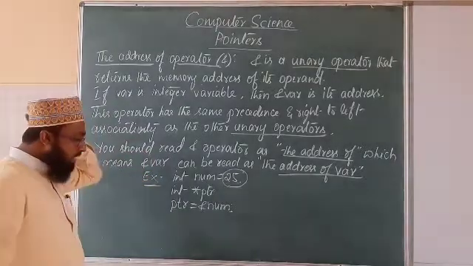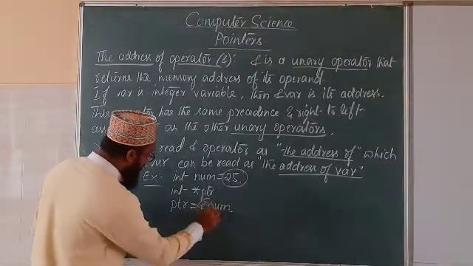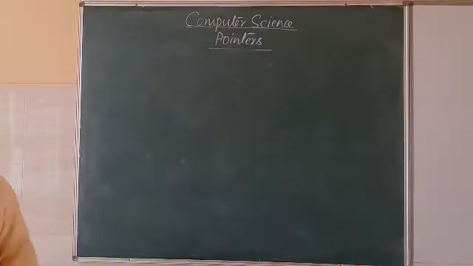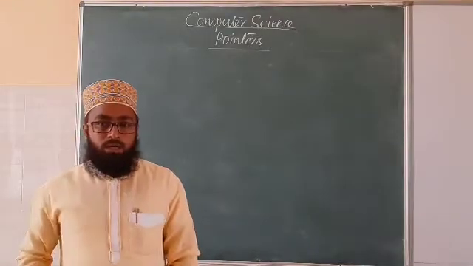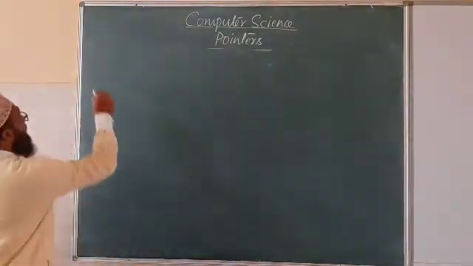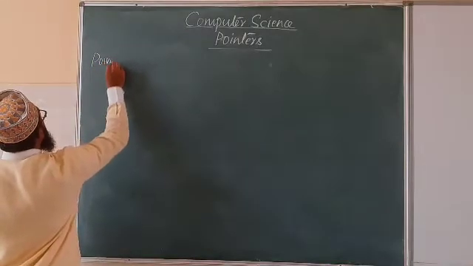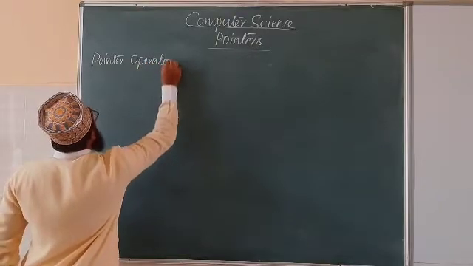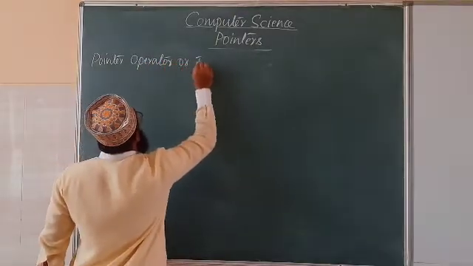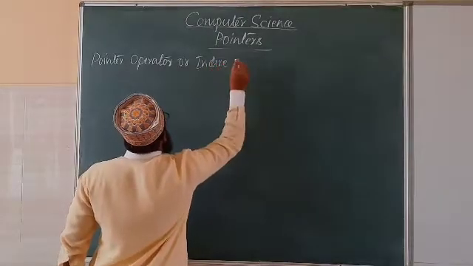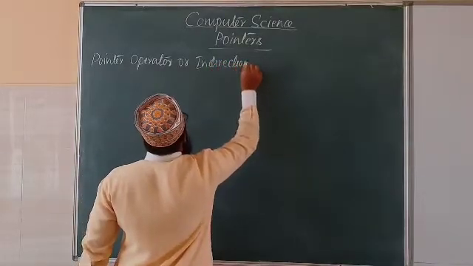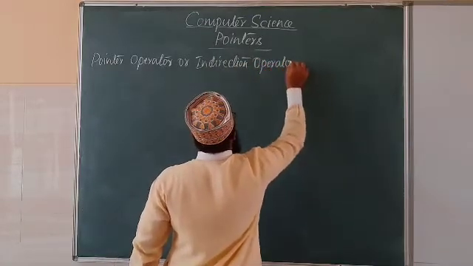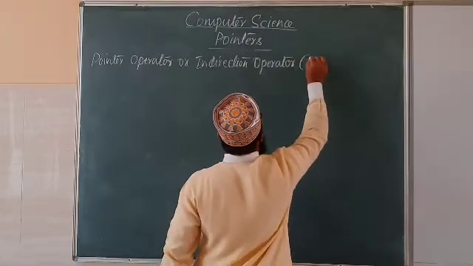Like this we can use this address of operator. We have now discussed the address of operator, and the next operator is the pointer operator, or indirection operator.